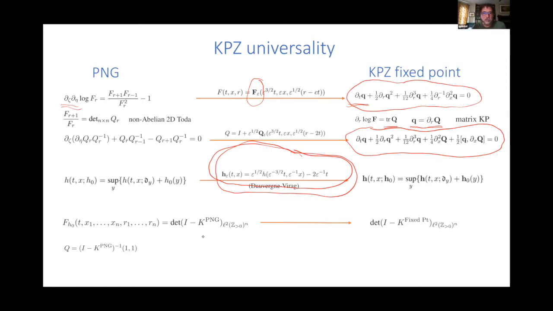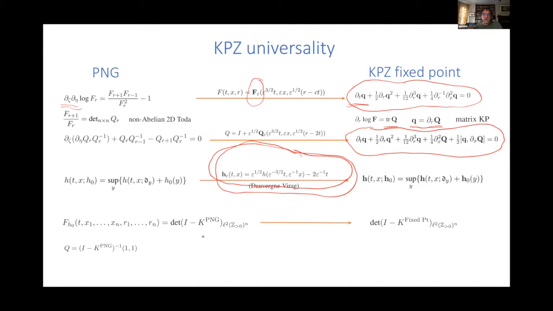But at a formal level of expansions, you definitely get that the 2D Toda converges to the KP equation, and the non-Abelian 2D Toda converges to the matrix KP equation under these complicated 1, 2, 3 scalings. It's very hard to see. If you expand f epsilon, then you get equations at the order of epsilon 1/2, epsilon to the 3/2.